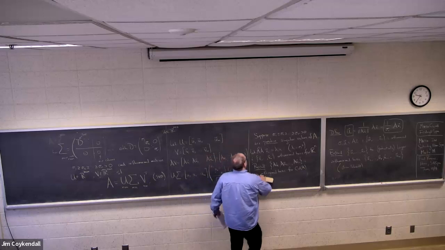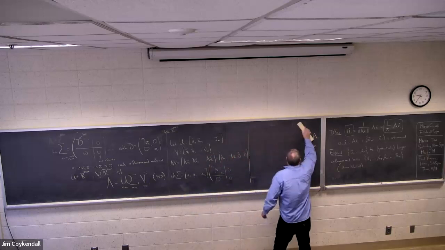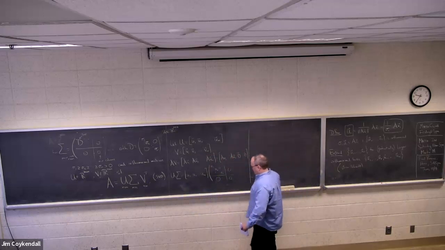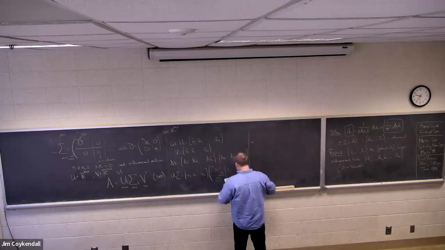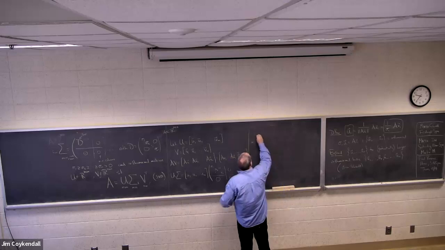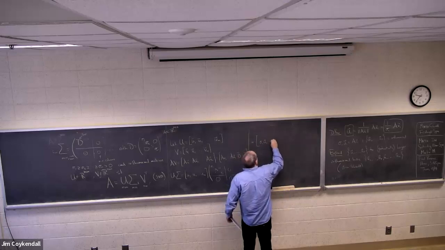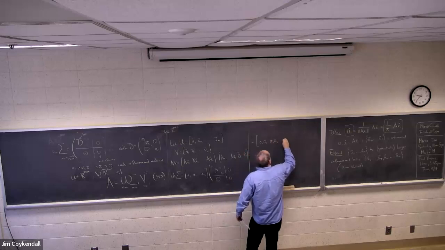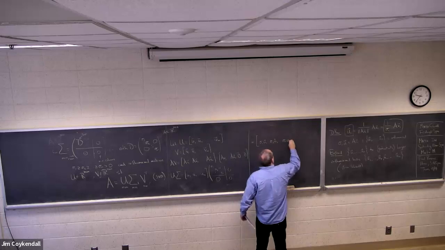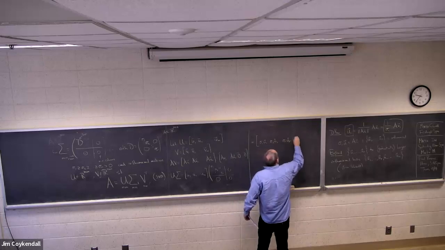Now, if I multiply this out, these columns times this, then what I get is sigma 1 U1, sigma 2 U2, ..., sigma R UR, and the rest zeros.